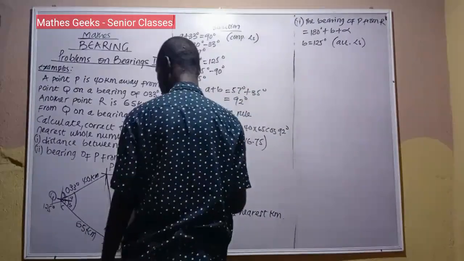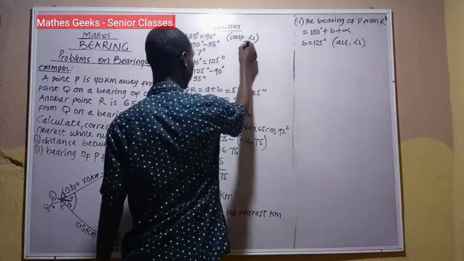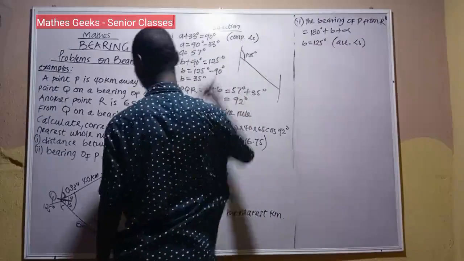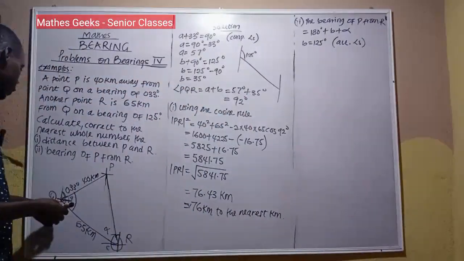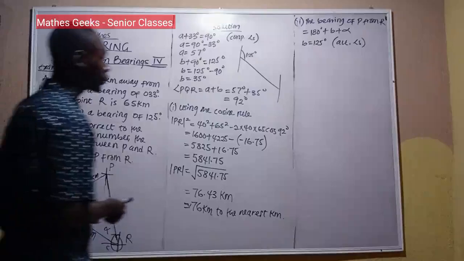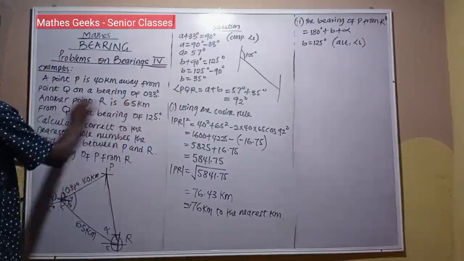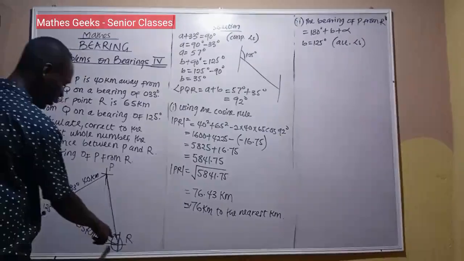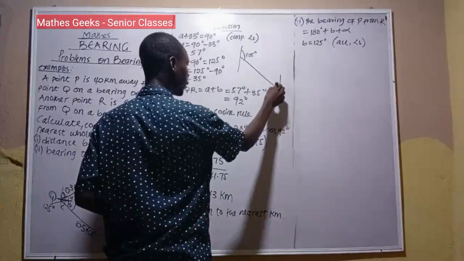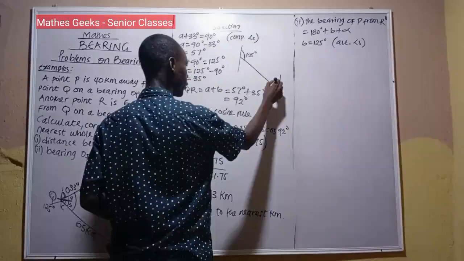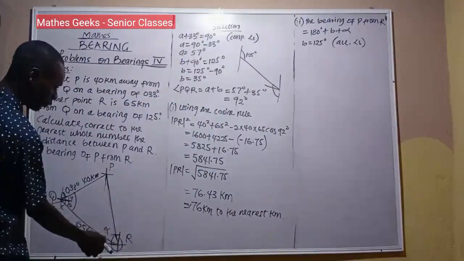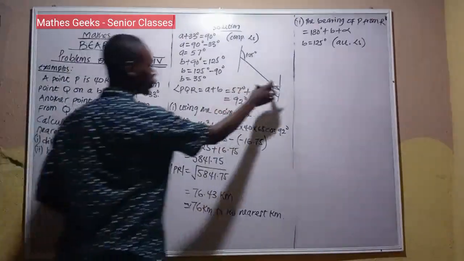Why alternate angles? Remember from here you have 125 degrees, which is the bearing of R from Q, measured from the north to this line. Then from the south to this line, what we are looking for is alternate angles, so this other one does not count.